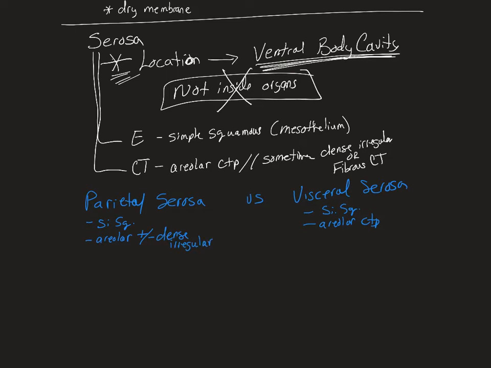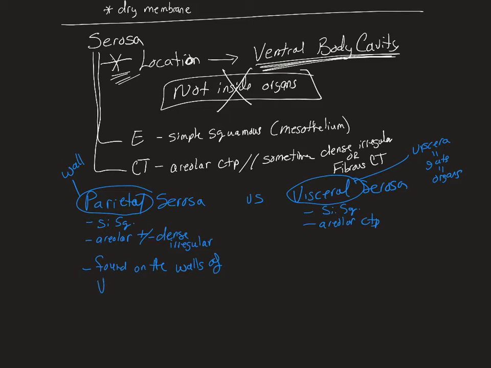Okay? Now, this word parietal means wall. This word visceral means viscera, which means guts, which basically means your organs. Okay? So anything that has parietal is talking about the wall of something. So the parietal serosa is found on the walls of the ventral body cavity.